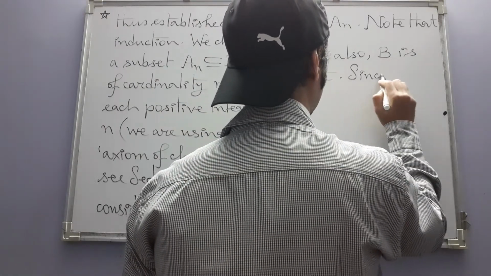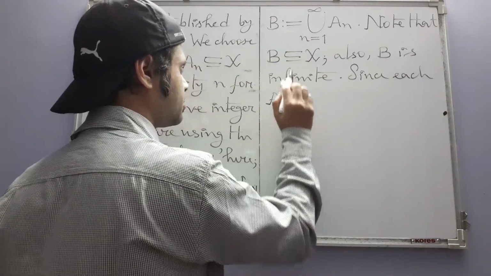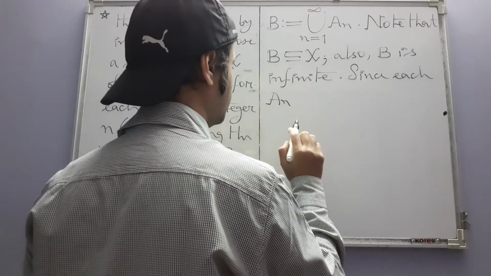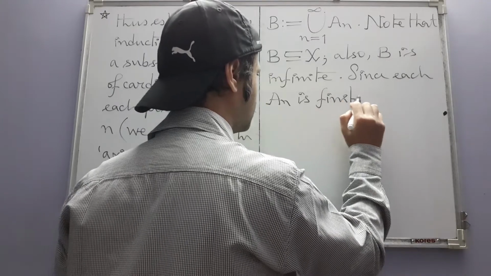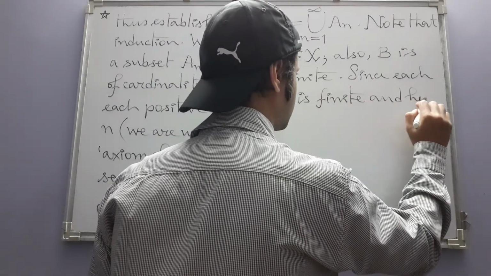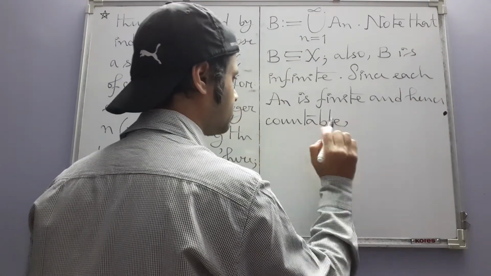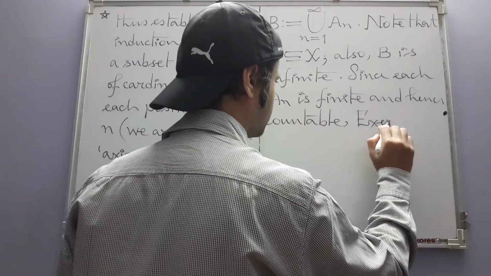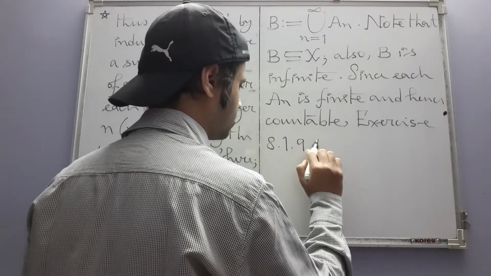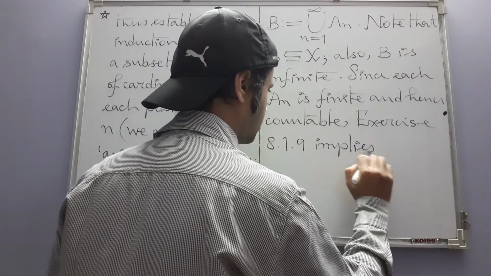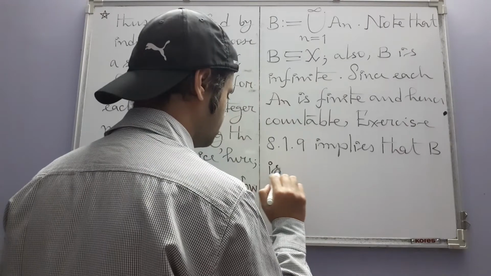Since each A_n that we are considering here in this union is finite and hence countable, exercise 819 implies that B is also countable.